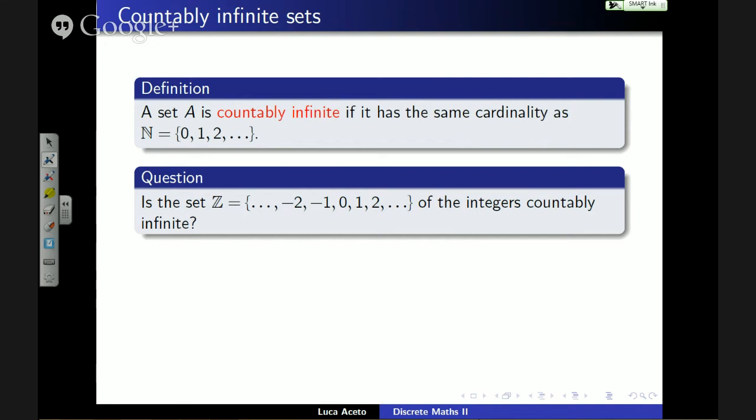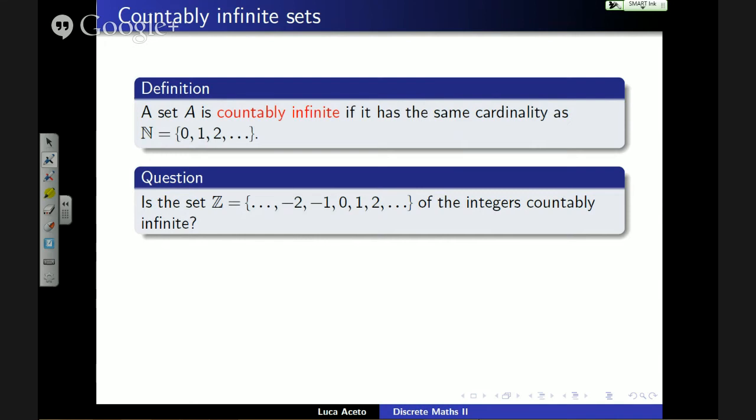It goes to infinity in the positive sense, and it also goes to infinity the other way, where the snow is today. Well, that's intuition. We are not talking about intuition. We are talking about bijections here. That's the only way to figure out whether the integers are the same size as the natural numbers.